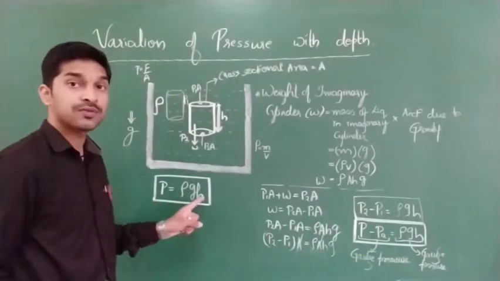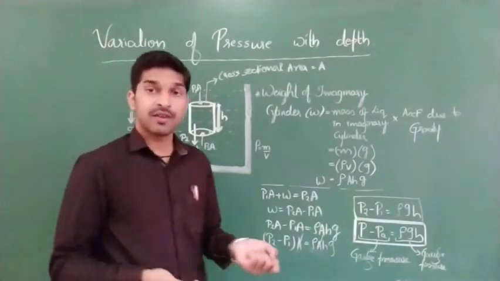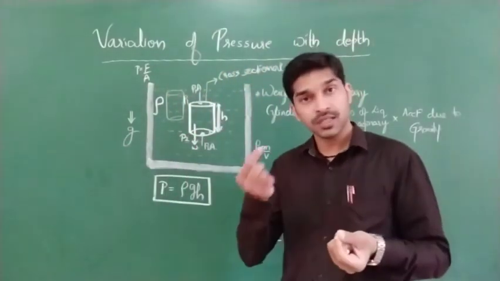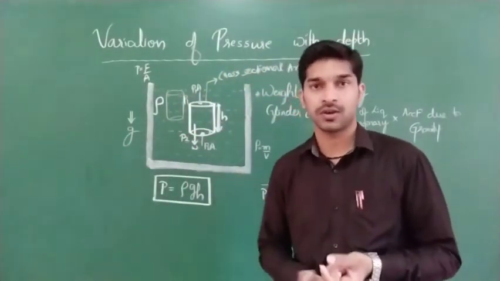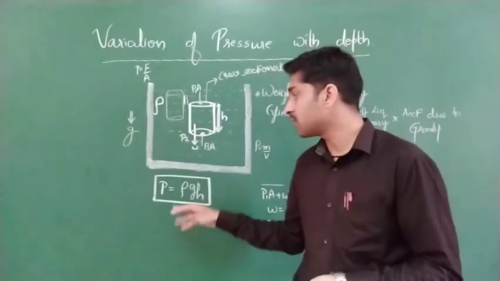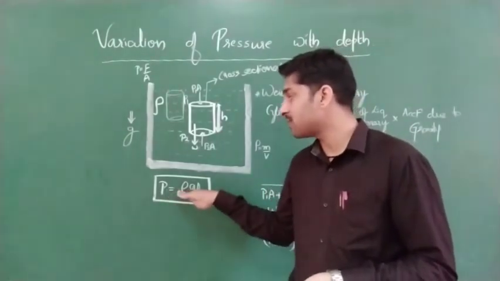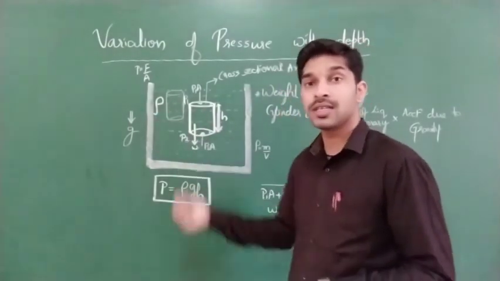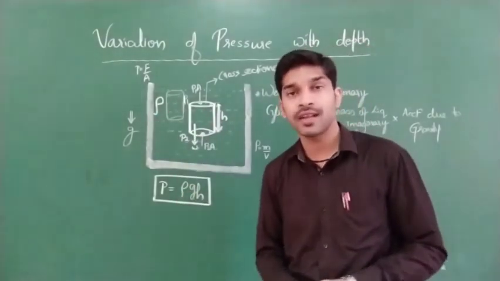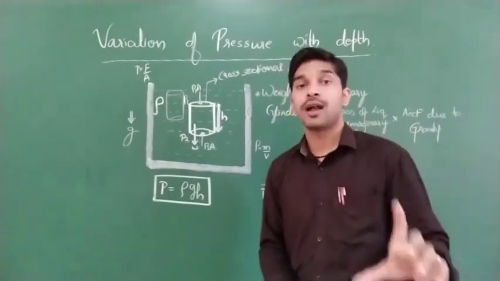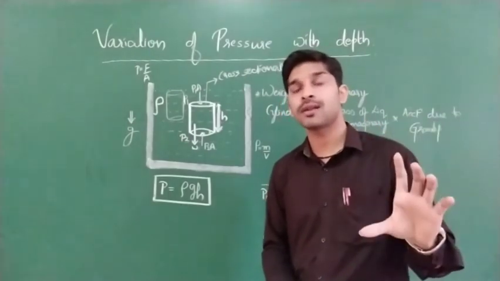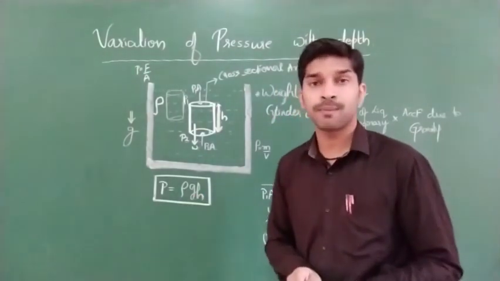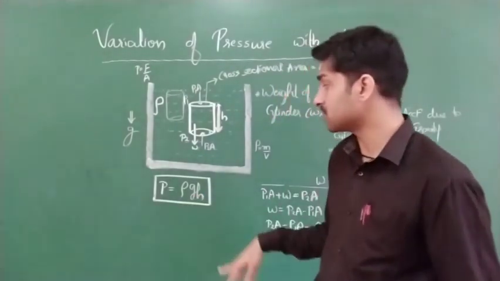This formula is valid whenever we calculate pressure only in the absence of atmospheric pressure at depth H. Below some depth H, that pressure will be equal to rho GH, where rho is the density of the fluid, G is the acceleration due to gravity, and H is the depth to which you are entering. So what is our complete conclusion for this derivation?